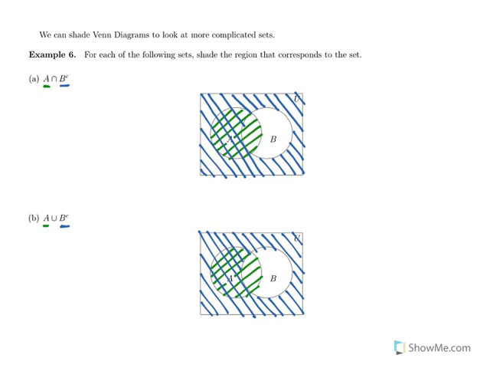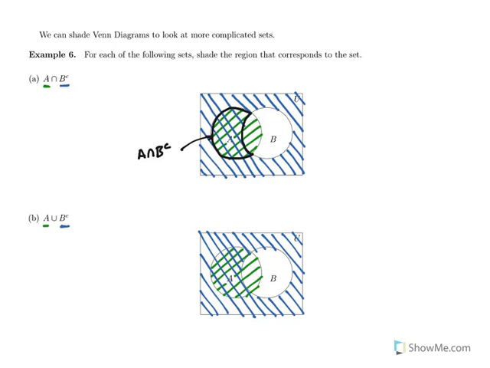So for the first one, we have the intersection. So we're going to look at where the shading is together, where we have shaded both. And that's going to be this little crescent moon shape right here. This is A intersect B complement. It's where we have shaded both A and B complement.